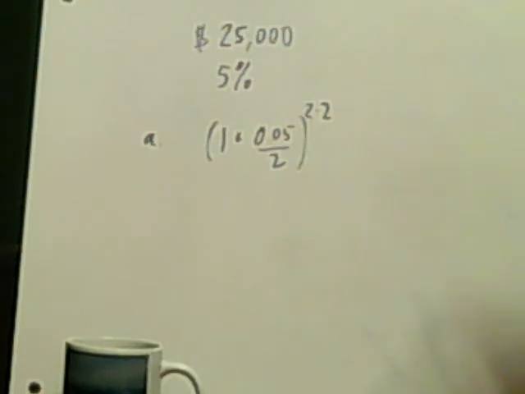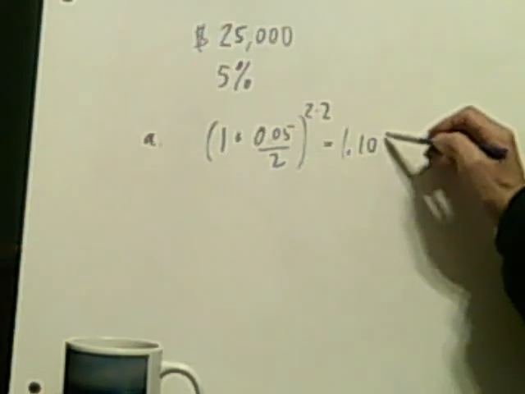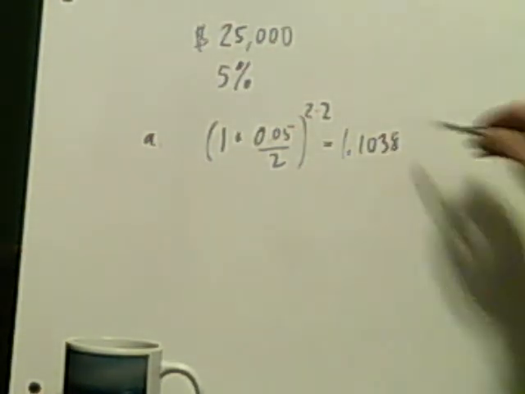That's twice a year. And this is just a matter of plugging it into the formula. That's 2.5% each time it gets compounded. And it's going to get compounded 4 times for a total of about 10%. That's 1.1038, dot, dot, dot.